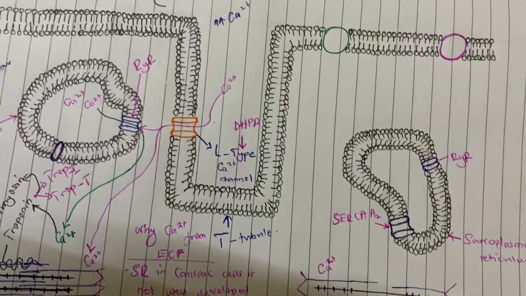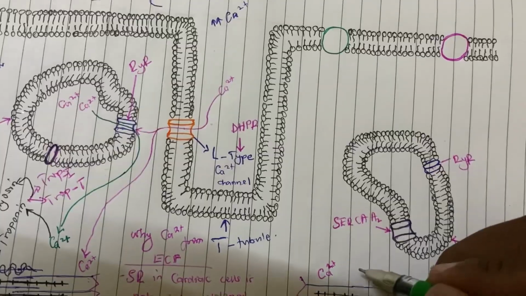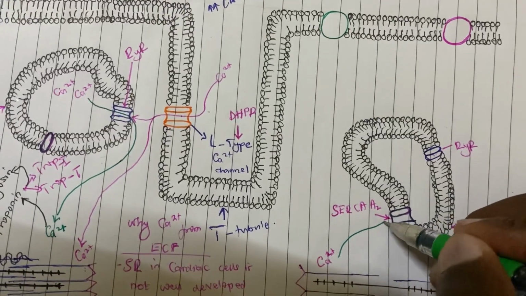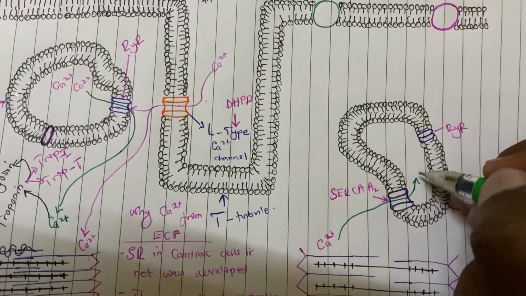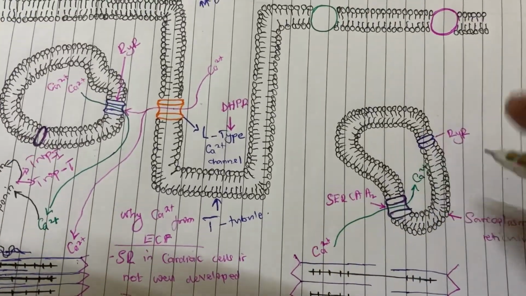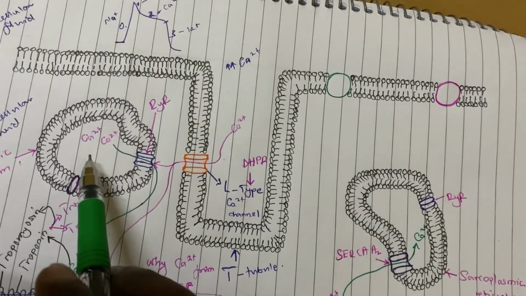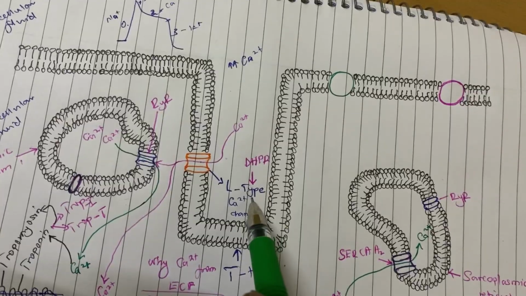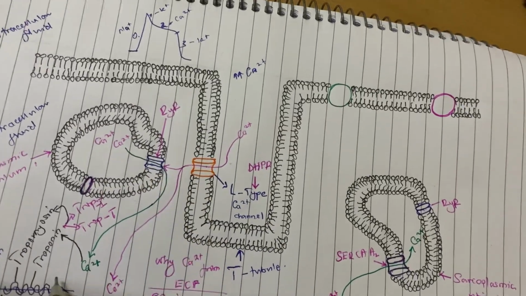This guy is going to pick calcium and force it into the sarcoplasmic reticulum, because that's where it was before contraction, before the action potential. And when the action potential arrived, calcium channels opened, interacted with another receptor, calcium went out.